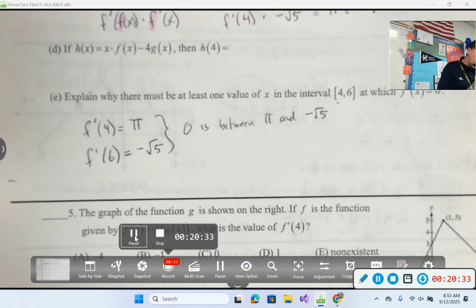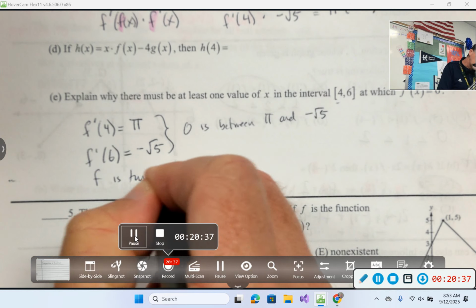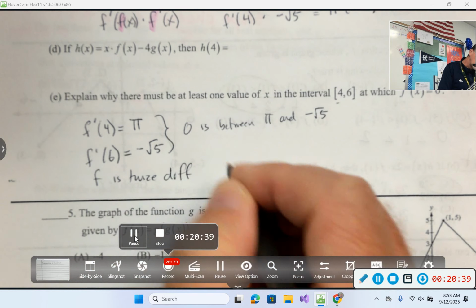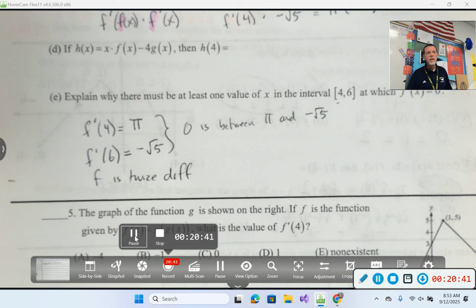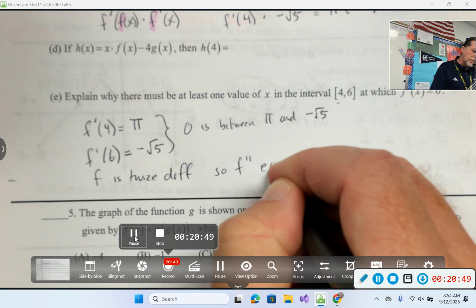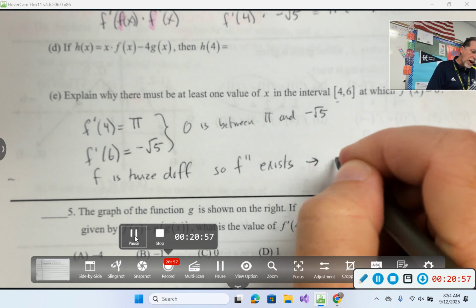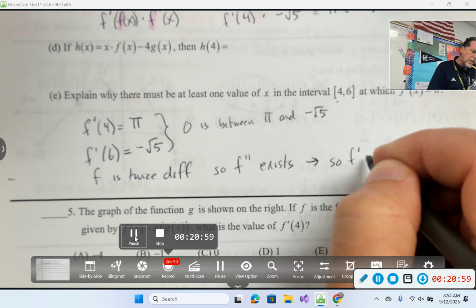If f is twice differentiable, that means it has a second derivative. So f double prime exists. And the only way for f double prime to exist would be if f prime is continuous.